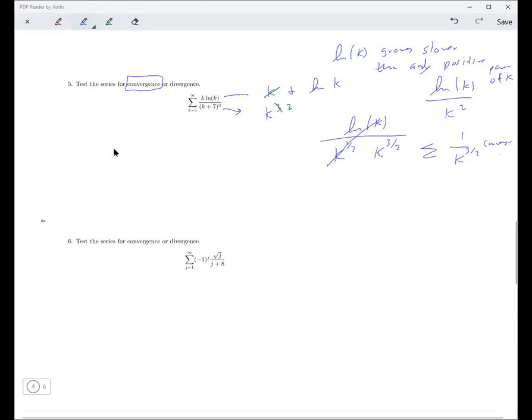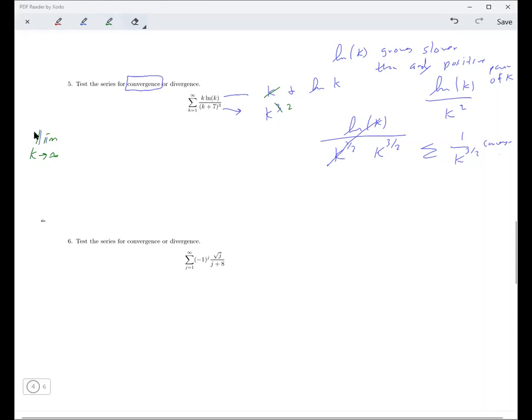Okay, but the way that you might prove this would be comparing it with this series here. So here we'll start over again. The limit as k goes to infinity of these terms here.